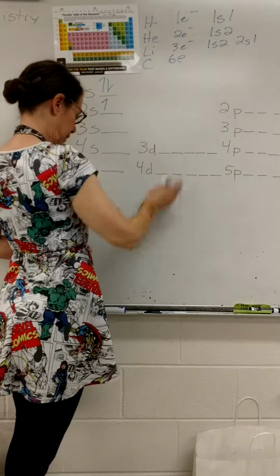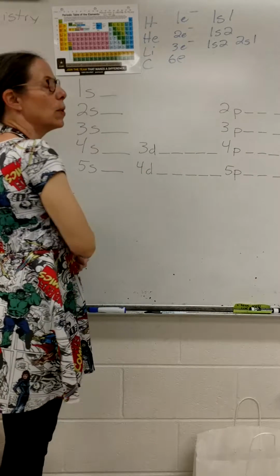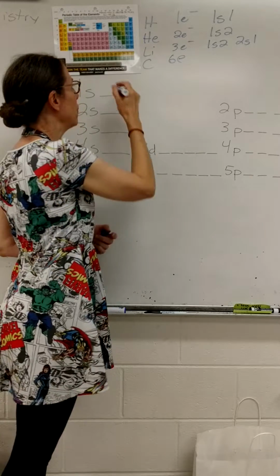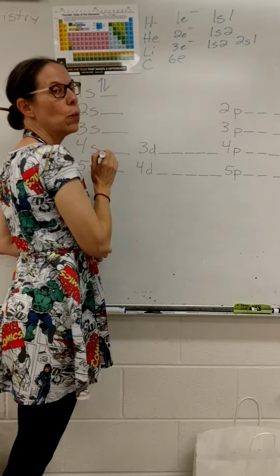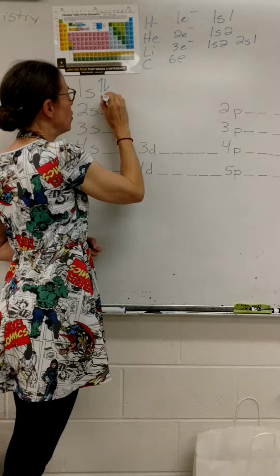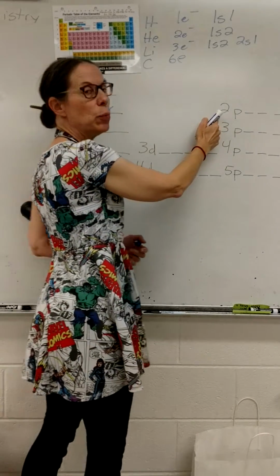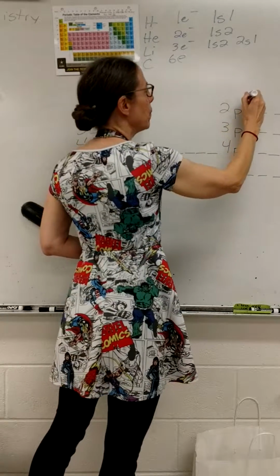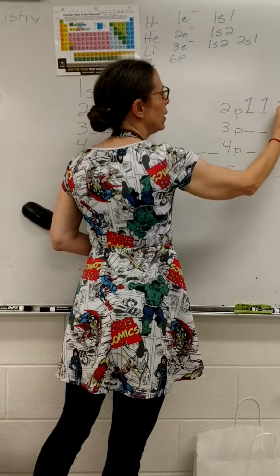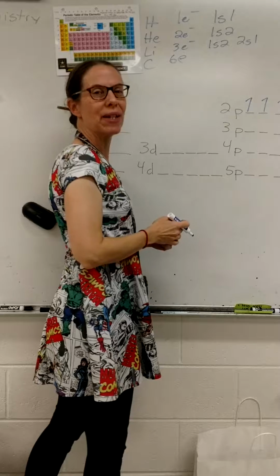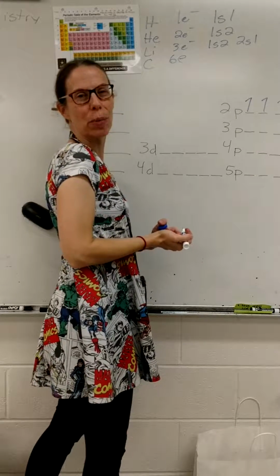Carbon has 6 electrons. So when I do the orbital diagram for carbon, I'm going to fill in 1s. I'm going to come down to 2s. That gets full with 2 electrons. And now I have to move over here to 2p. Electrons are a lot like people at a bus stop. They don't like to share benches.